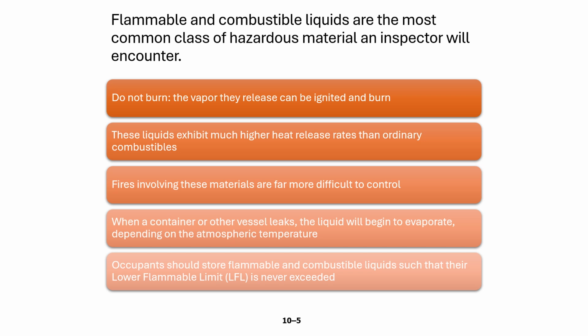So when we're inspecting premises, we should be looking to make sure occupants store these flammable and combustible liquids so that their lower flammable limit is never exceeded. Once you determine the volatility, you can determine the range of ignition, depending on its volatility.